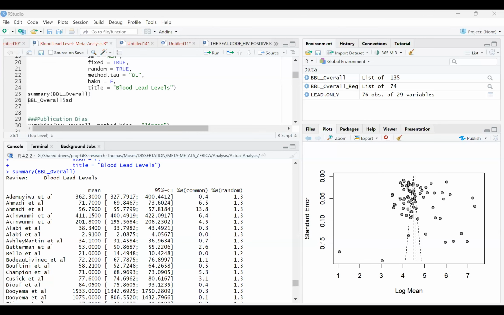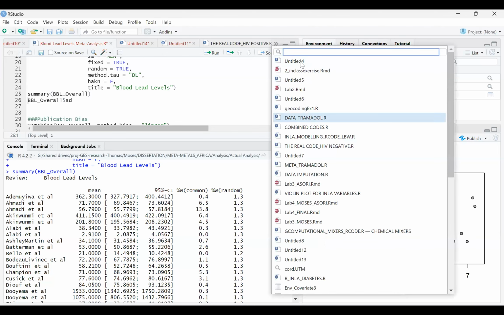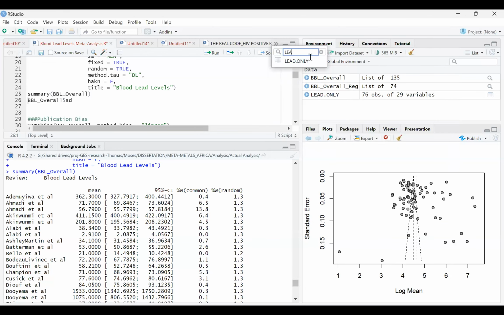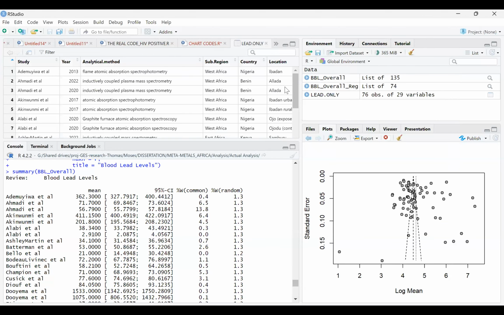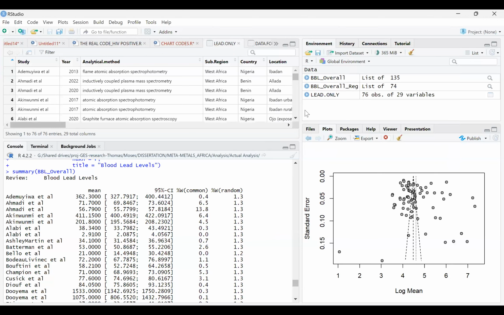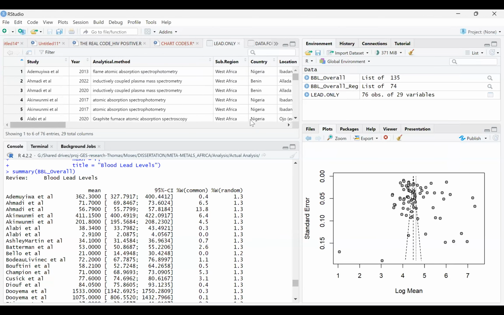I can show you the structure here. All right. Are you all seeing?